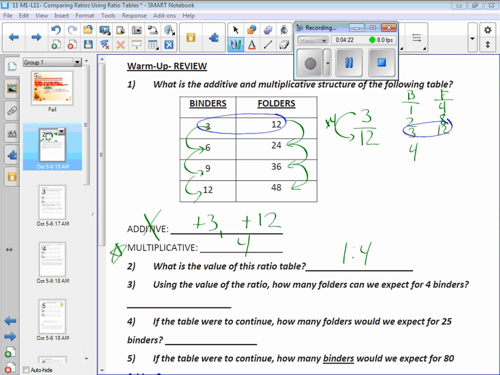4 binders. 5 binders. 6 binders. 6 binders is 22?